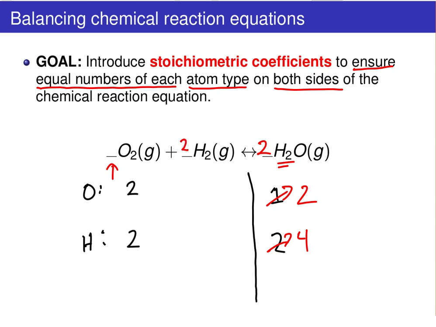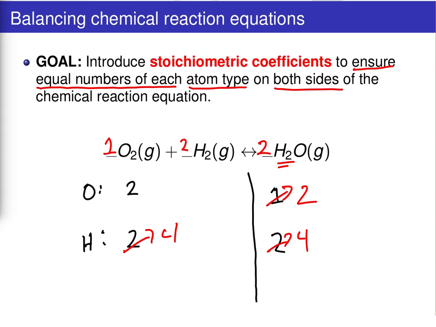Therefore, if we introduce a stoichiometric coefficient of 2, we get 4 hydrogens, balancing the number of hydrogens on the product side, and we see that now both oxygen atoms and hydrogen atoms are balanced without having to modify the coefficient of O2. And as hopefully many of you remember, there's always an implied stoichiometric coefficient of 1, which we will soon be neglecting, but for the sake of completeness here, we will go ahead and introduce a 1 in front of that oxygen.